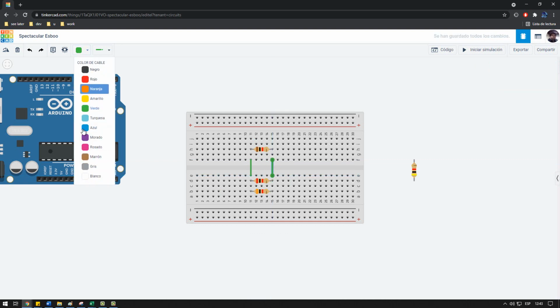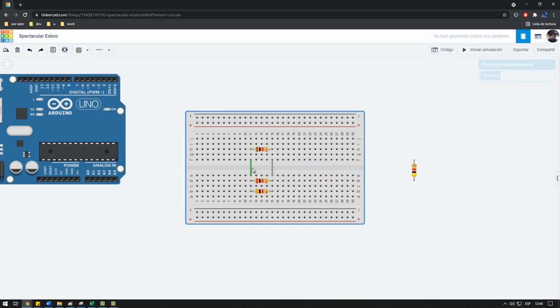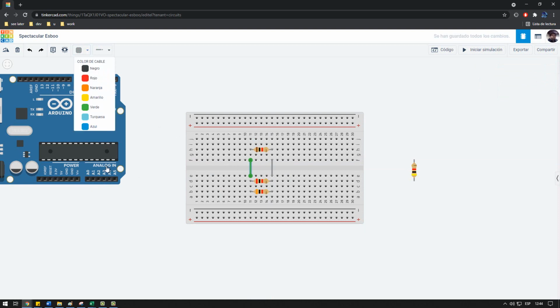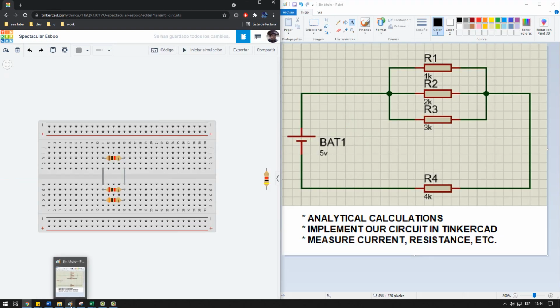I'm going to use the color gray. We also need our board like this to see what we're doing. So we need a direct contact with the parallel circuit here, right here with R1, R2, R3.